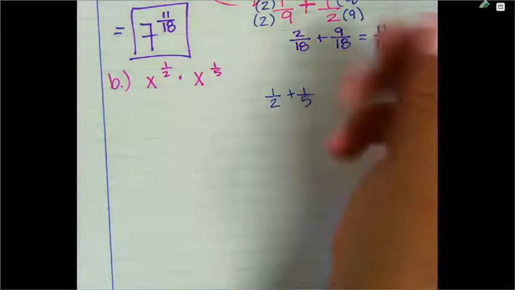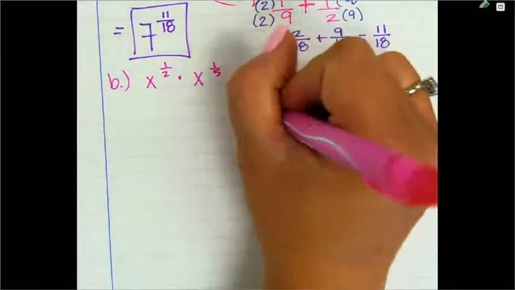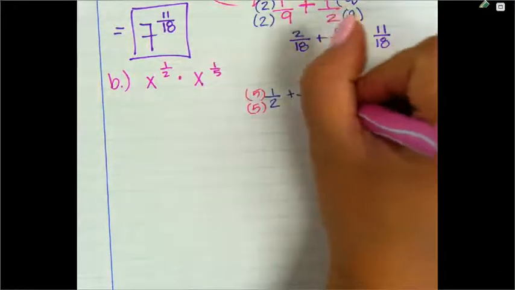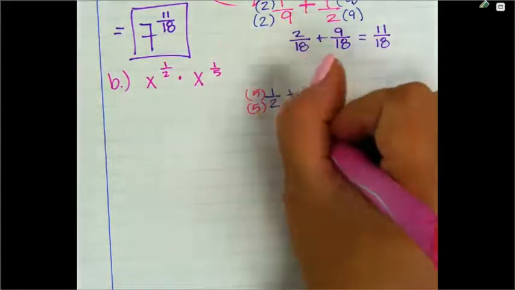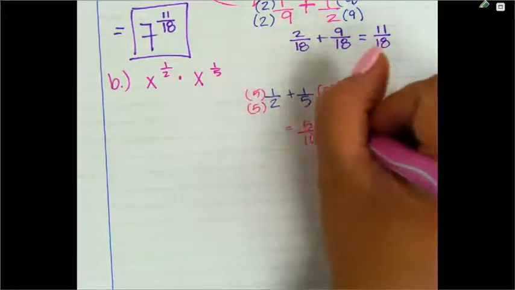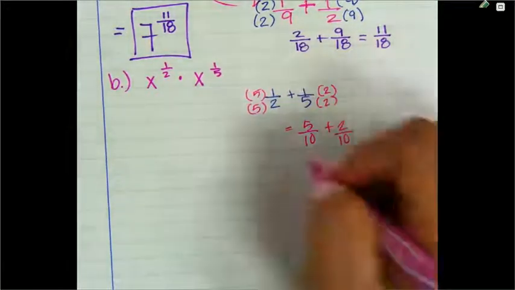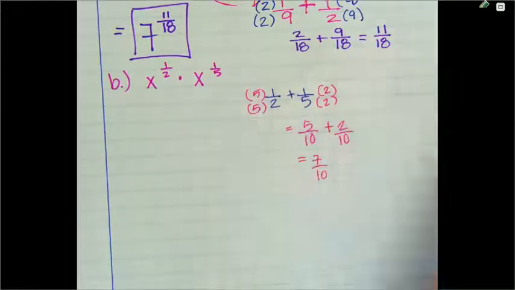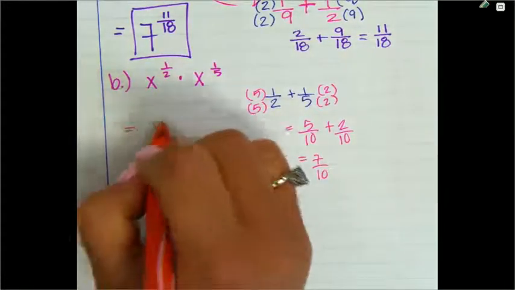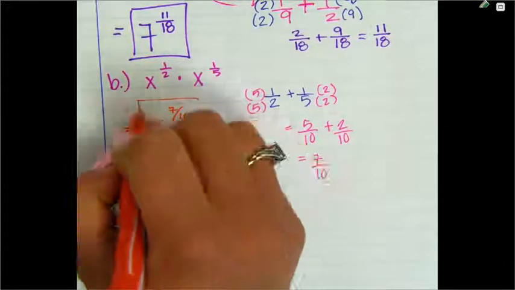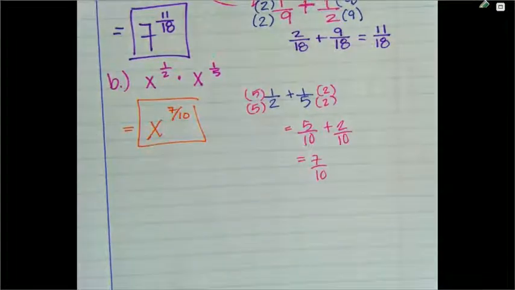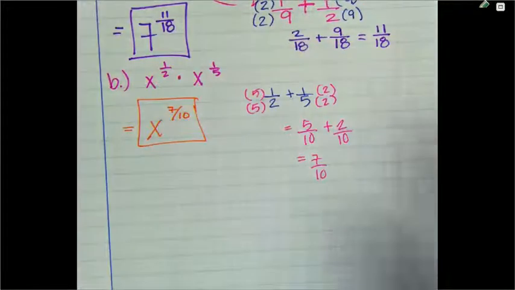What's your common denominator? So what do you multiply the first one by? And the second one? And you get what? 5/10 plus 2/10, which is 7/10. So your answer is x to the 7/10. Who's right? Wonderful. Let's go on to the next one.